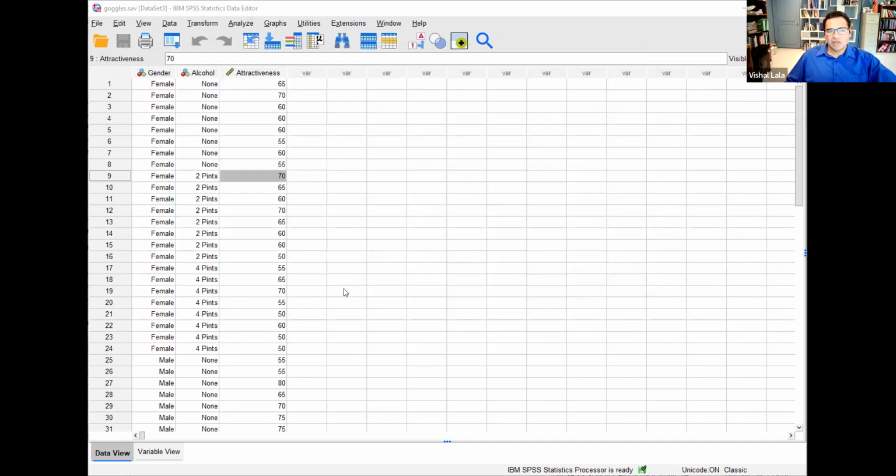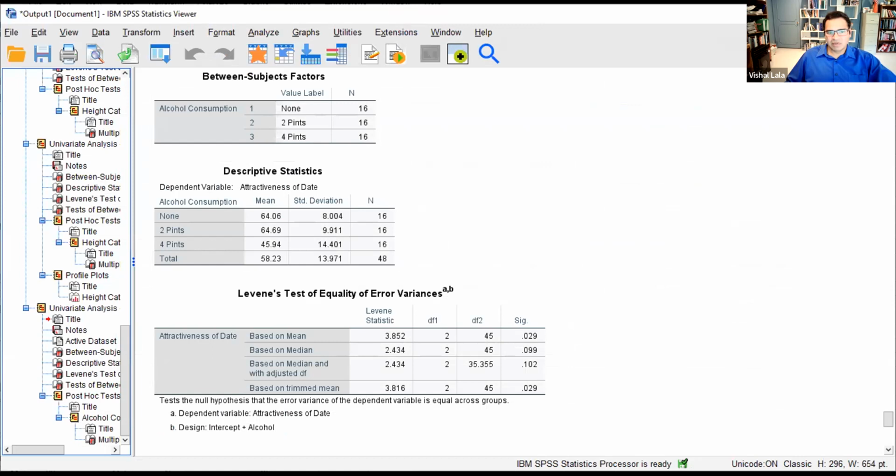Okay. So the findings of the analysis are as follows. You look at the attractiveness of the person they're talking to and you find that from no pints to 2 pints, it doesn't really matter, not much difference in the attractiveness, but at 4 pints, a huge drop in attractiveness of the person they're talking to.